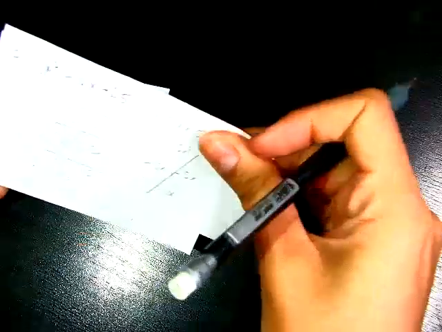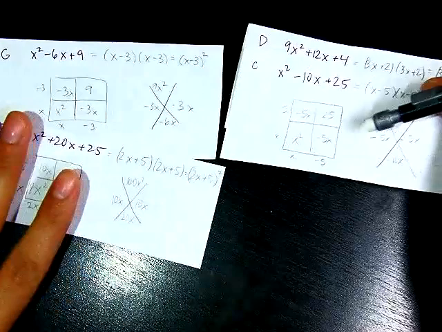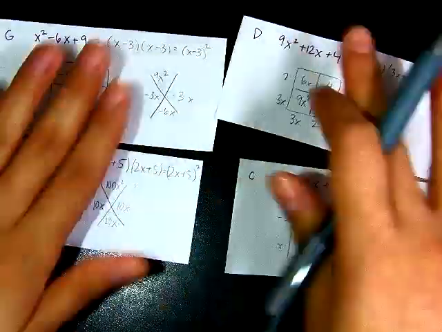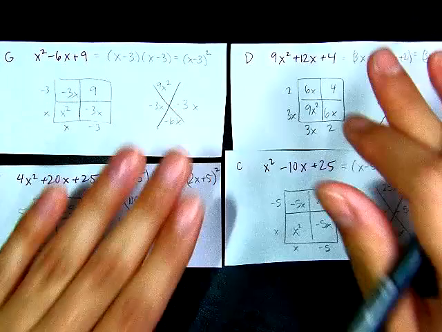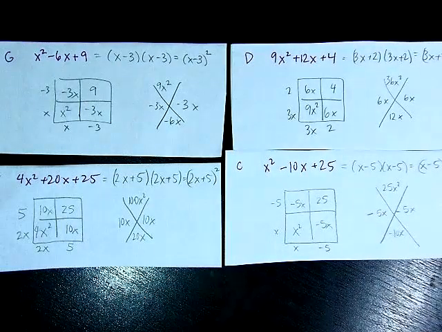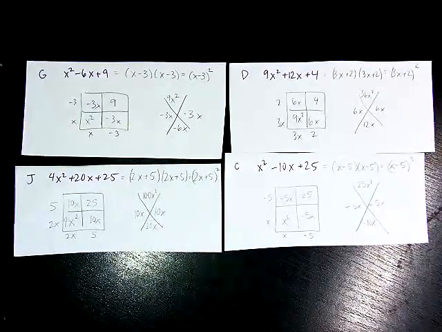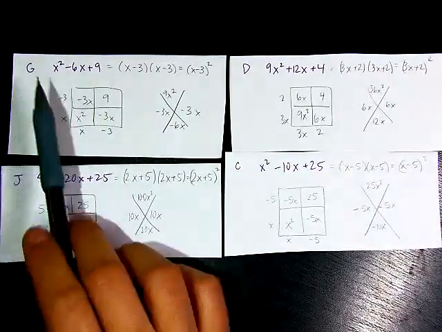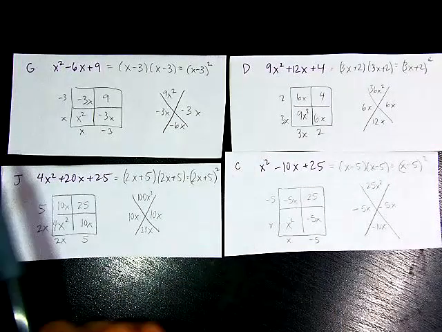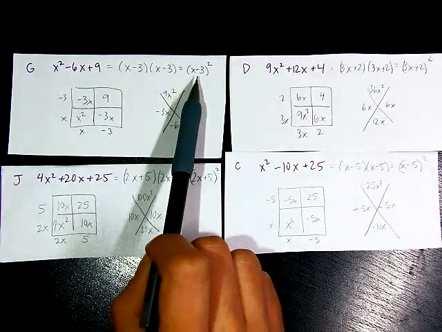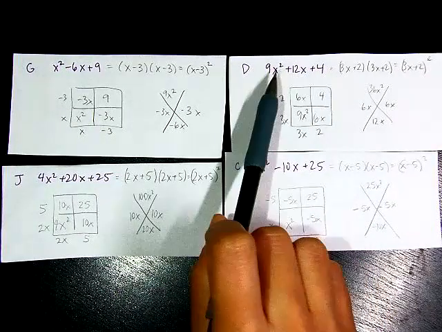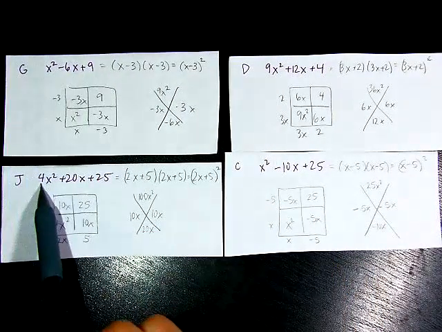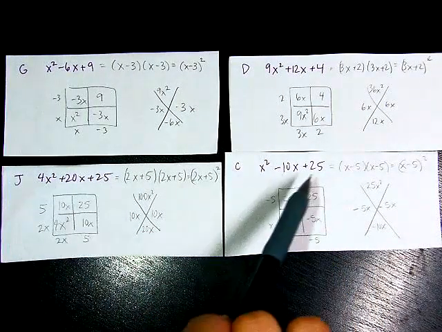Okay, and the last set is what we call the perfect square trinomials. For all of these, if you tried pulling out a number bigger than 1, you couldn't find one. For all of these, G, J, D, and C, you look for squares in the front term and the last term, the x squared term and the term that's just a number.